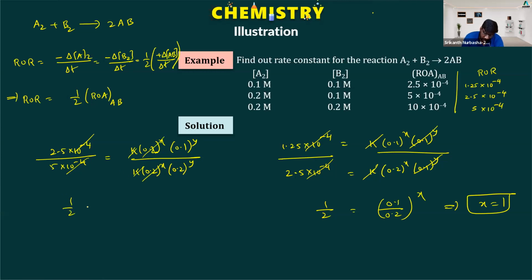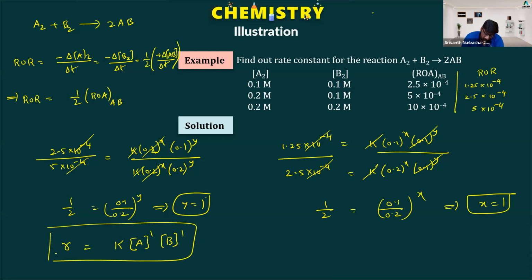So you get 1 by 2 is equal to 0.1 by 0.2 whole power Y. Again from here I get Y is equal to 1. So what is our rate expression? Rate is equal to K into concentration of A whole power X into concentration of B whole power Y. X and Y are 1 and 1. Concentration of A power 1 into concentration of B power 1.